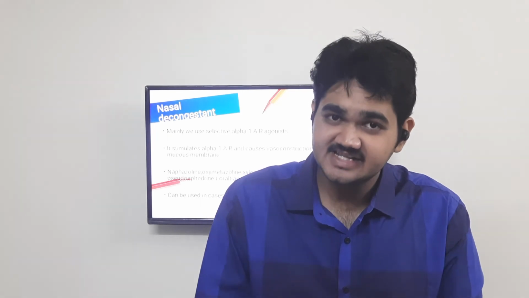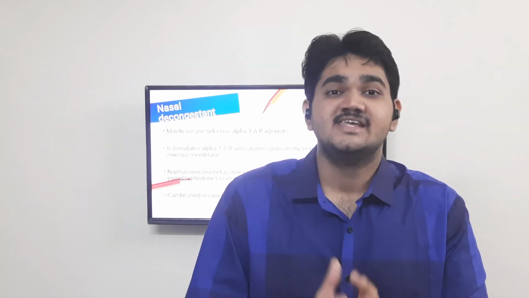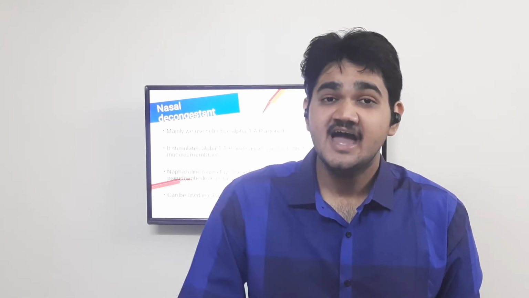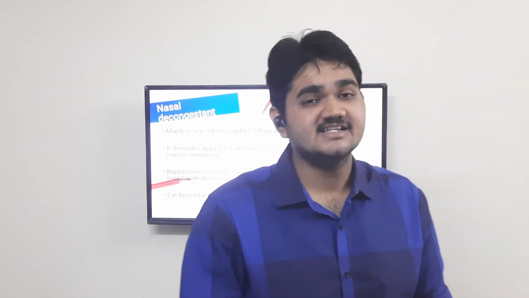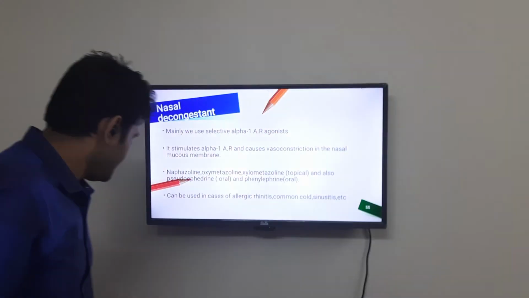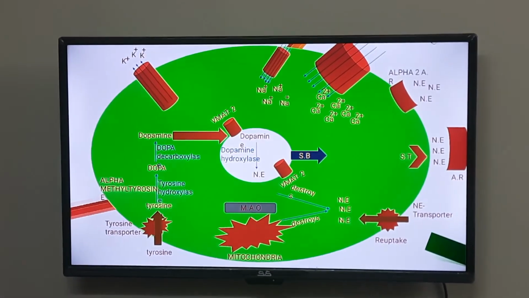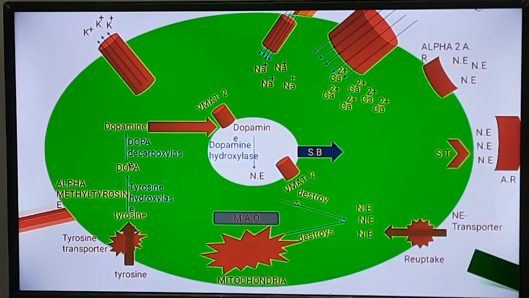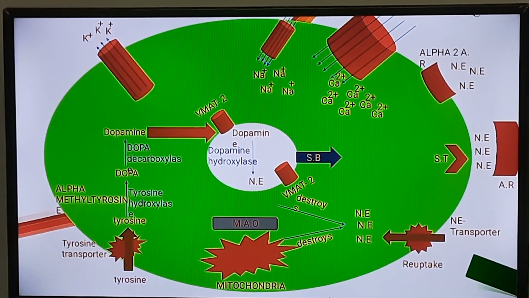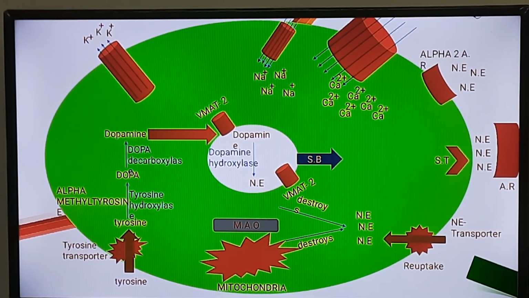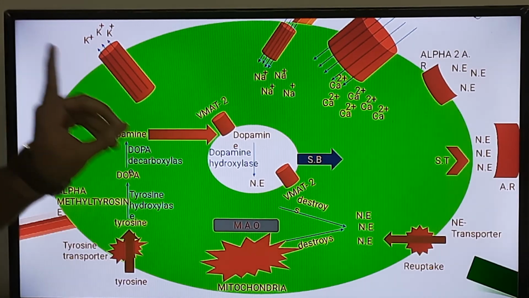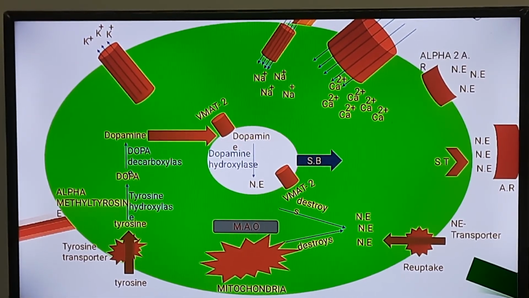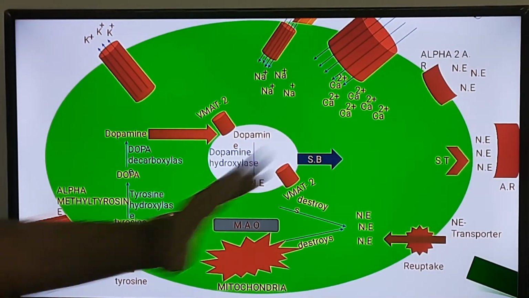Can you remember that receptor? Yes, you are right. The name of that receptor is alpha-2 adrenergic receptor. So some drugs can stimulate this alpha-2 adrenergic receptor, and whenever we are stimulate it, there is a reduction in sympathetic outflow.